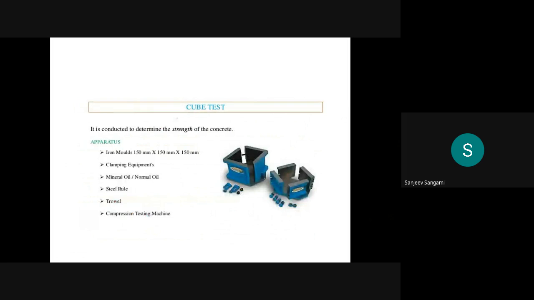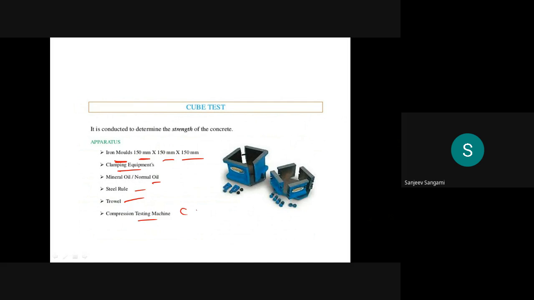You are conducting the cube test using molds of 150 mm by 150 mm by 150 mm. The clamping equipment, the clamps, and oil are needed. Normally we apply oil before placing the concrete, so that when you are removing it, it will be very easy. Then a steel rod and trowel for mixing.